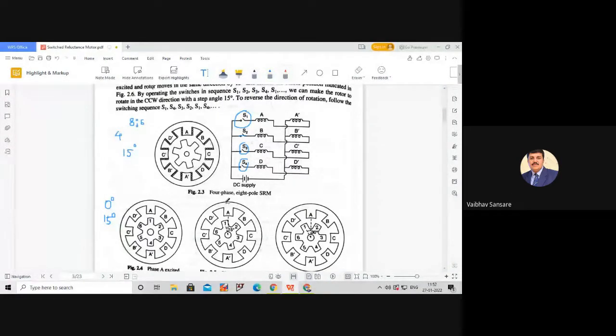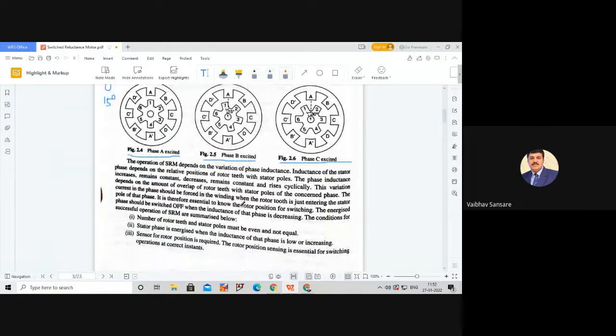But in any direction of rotation, after energizing each phase, the rotor will move by only 15 degrees, that is, a full step angle. Okay. So the operation of the SRM generally depends upon the variation of phase inductances.